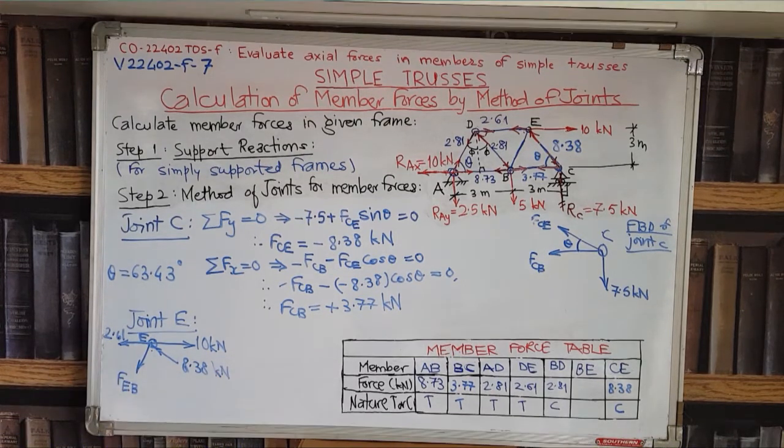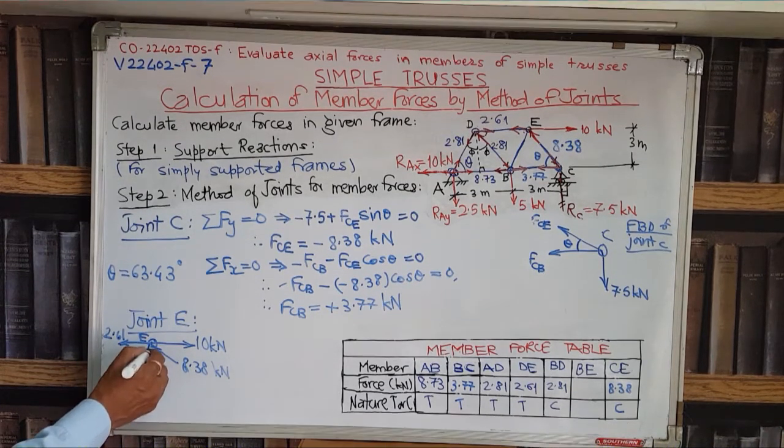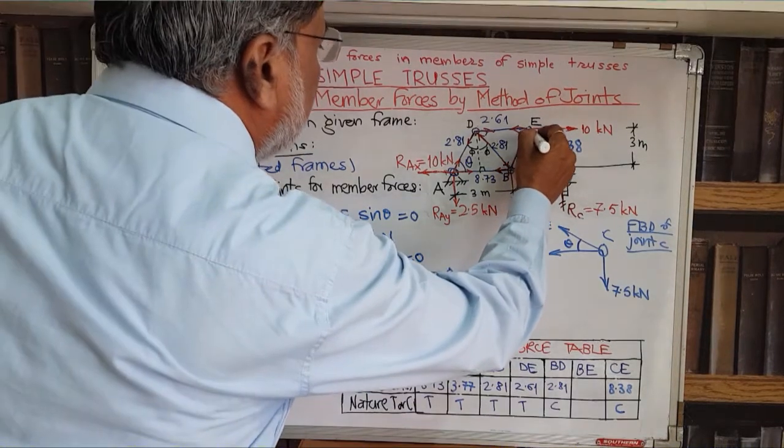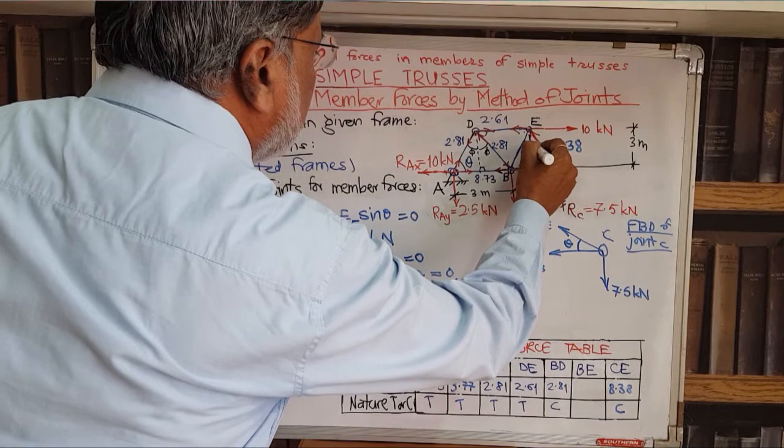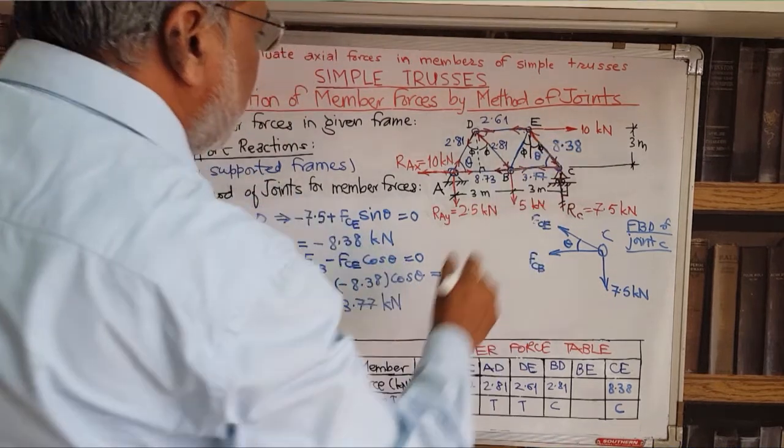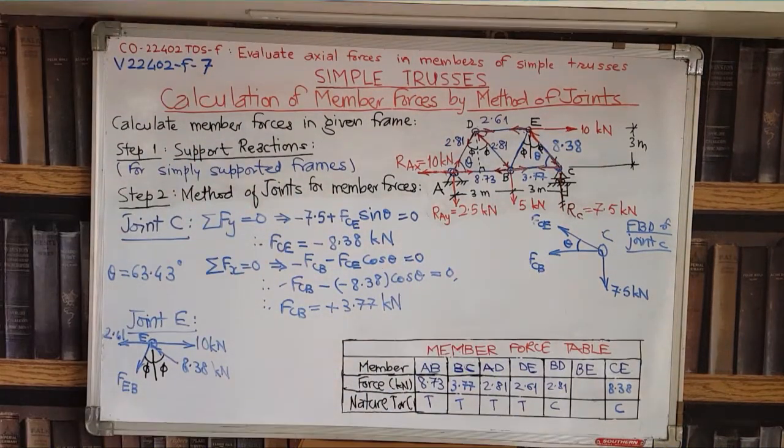So this is the situation at joint E. Now we know that the angle here is phi. If we look here again we get the angle phi. In the previous videos we have already calculated that angle phi.